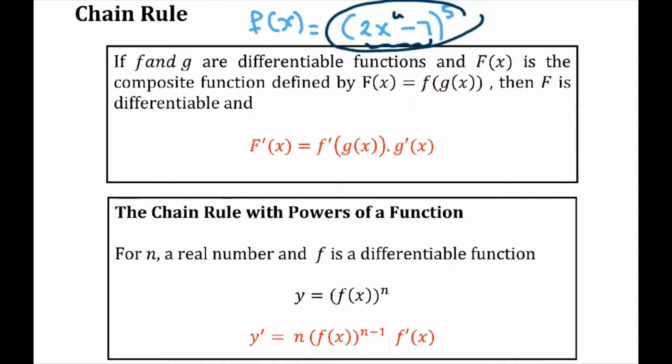Now, the chain rule basically tells you exactly what to do. To find the derivative, you take the derivative of just the outside function first, and leave the inside part as is. So in this case, I'm going to take the outer, which is (2x minus 7), and of course you reduce the 5 by 1.